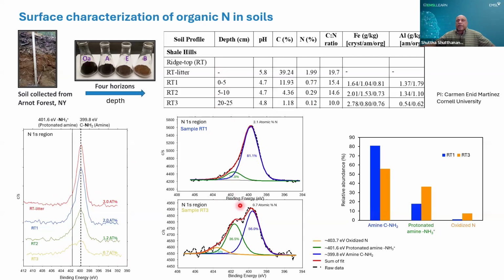You can clearly see they are different. To fit this, we have to add an additional nitrogen peak, which is the oxidized nitrogen, and then here are the other 2 nitrogen species. From this, you can conclude that in the surface region you have more amine. And if you go deep into the soil, you are getting more protonated amine and then oxidized amine.